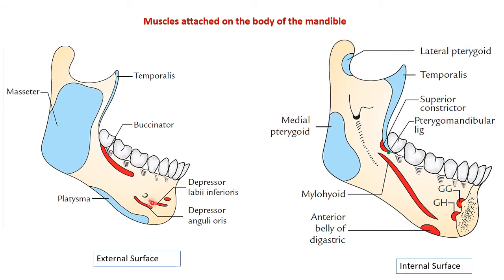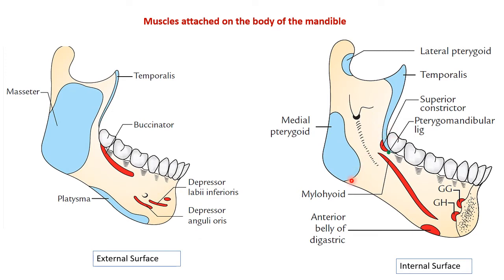This is the place of origin of depressor labii inferioris, and just below it and posteriorly is the site of origin of depressor anguli oris.